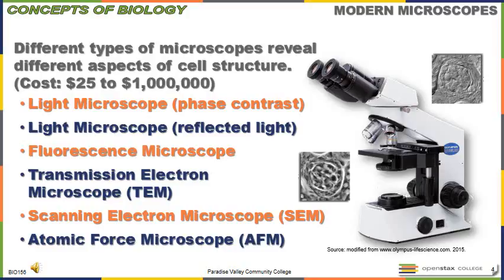And so, as you can see, there are tons of different kinds of microscopes, and they range from $25 that you could get for a child all the way up to millions of dollars. And most of those high dollar microscopes we probably will never see unless you work in a lab that happens to have one, or work in a hospital actually that will have some of these.